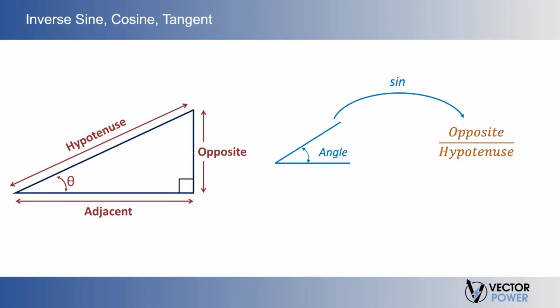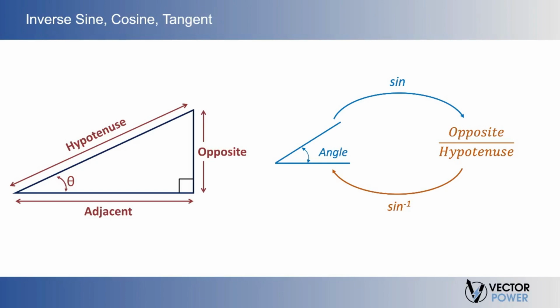The inverse sine function, or arc sine, sine to the -1, takes the ratio opposite divided by hypotenuse and gives the angle of theta. Cosine and tangent follow a similar idea.